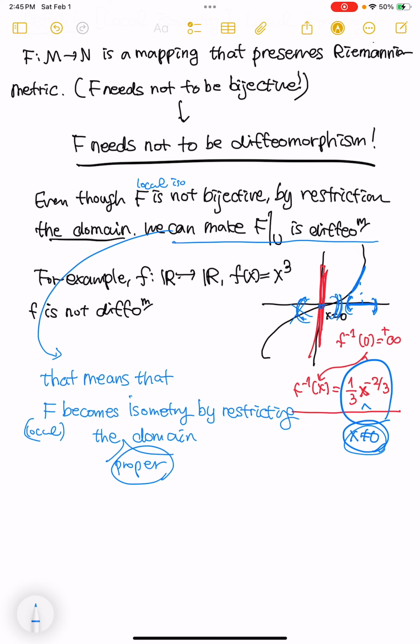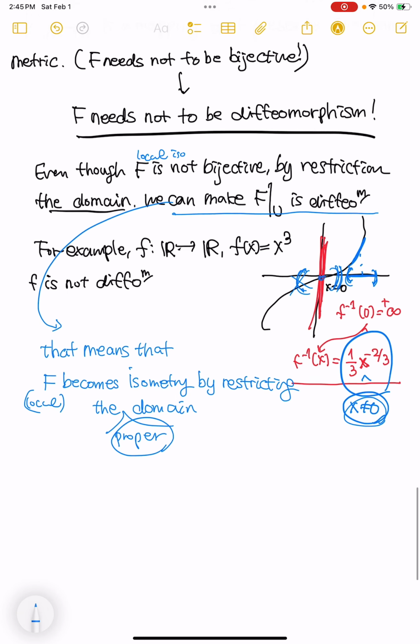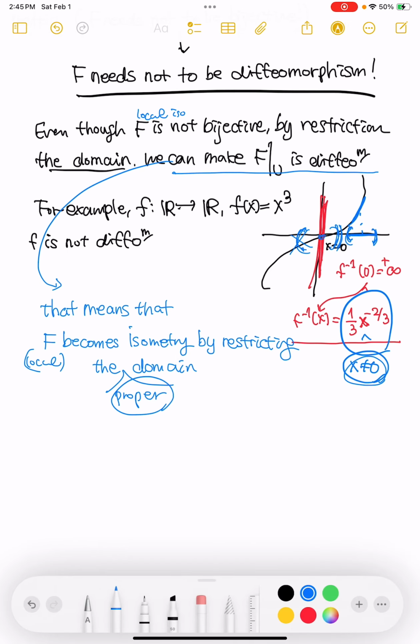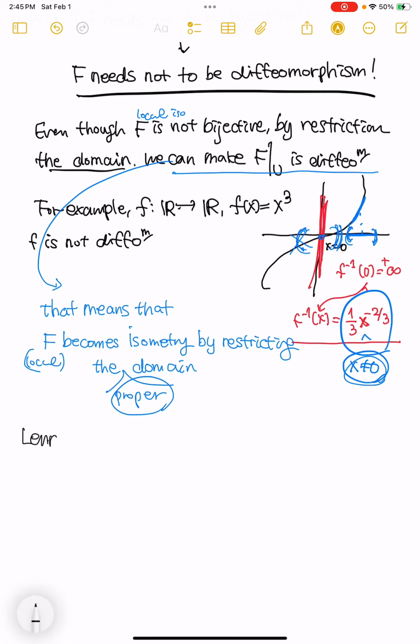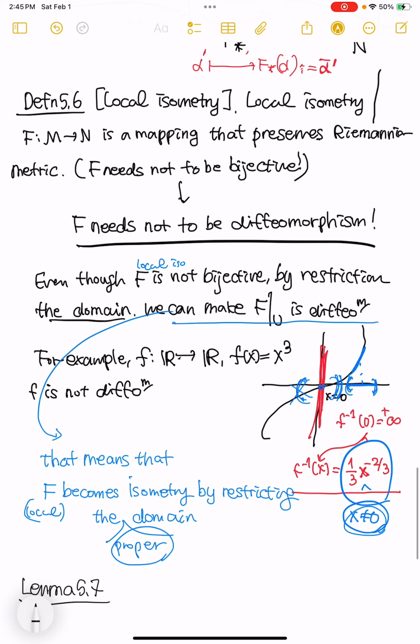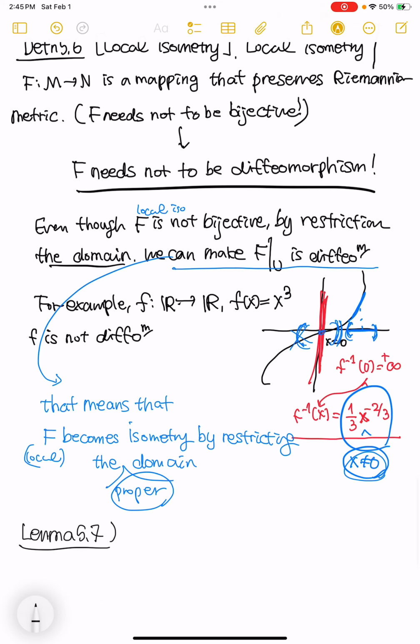That is the difference between the definition of isometry and local isometry. In fact, the definition of local isometry is more general than that of isometry. An important lemma is that a local isometry preserves the first fundamental form.